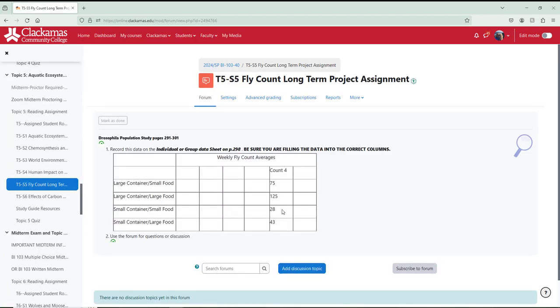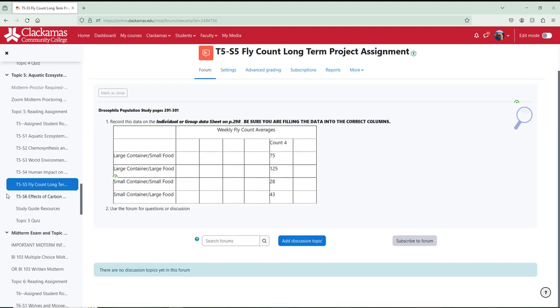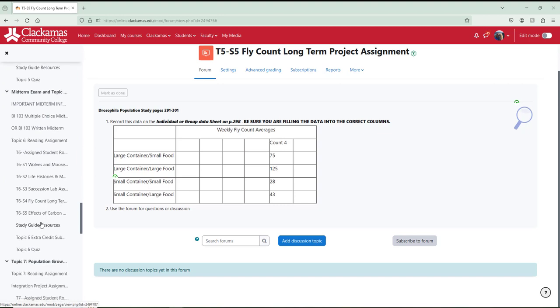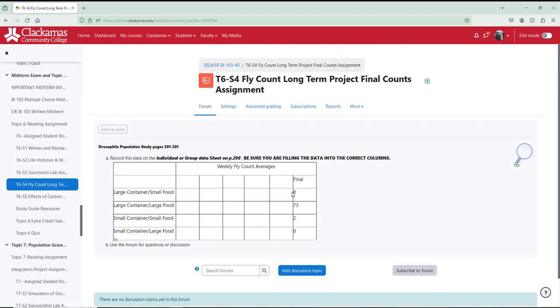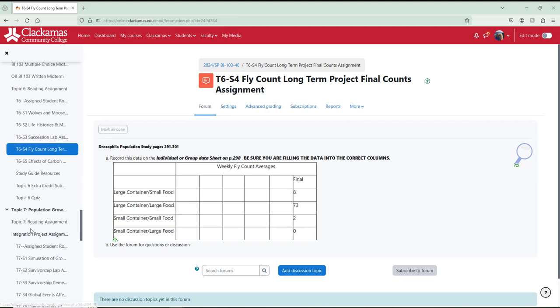Yeah, so here was step count for step 4, and then here was the final one. The final one was given in week 6, and so you'll have all 6 filled up.